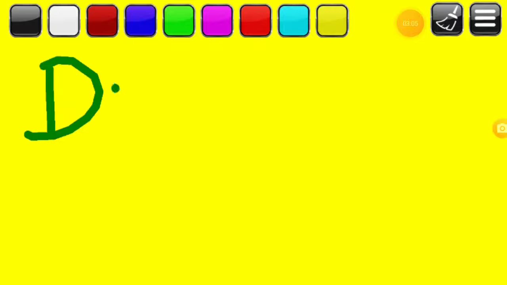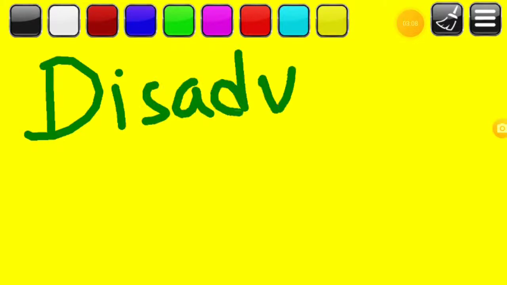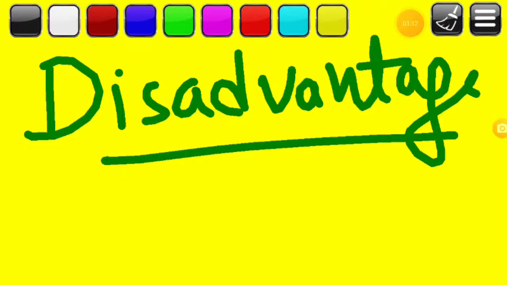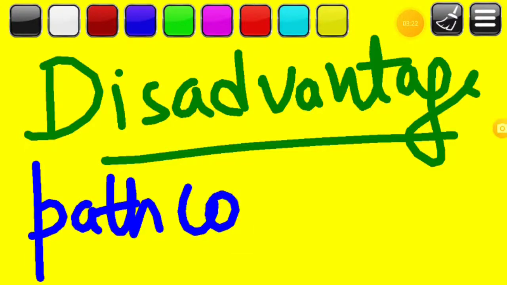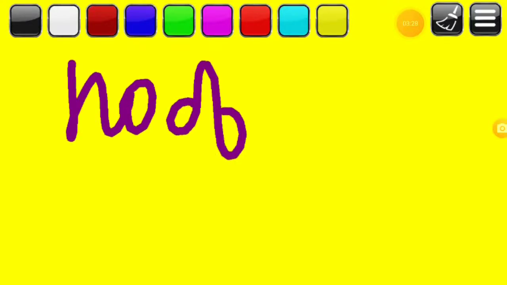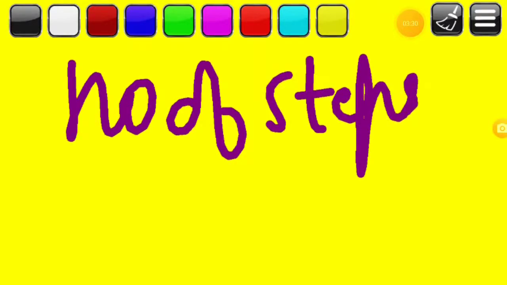The disadvantage of using uniform cost search is that it involves a large number of steps in the searching, and it is only concerned with the path cost. It doesn't take care of the number of steps or the number of nodes involved during the searching.